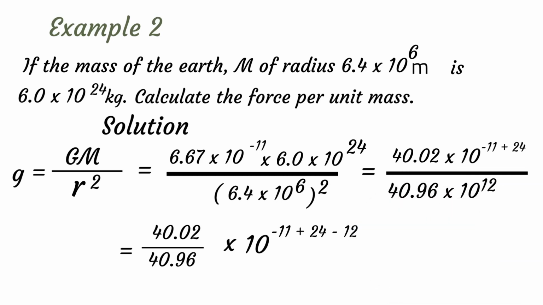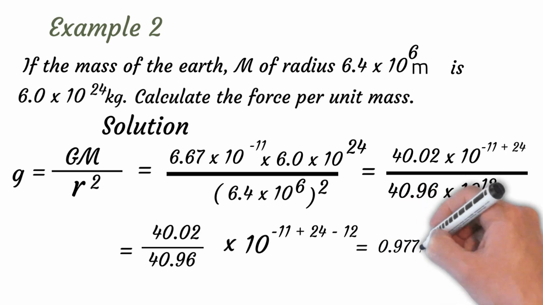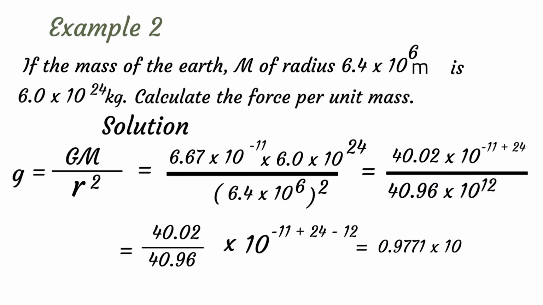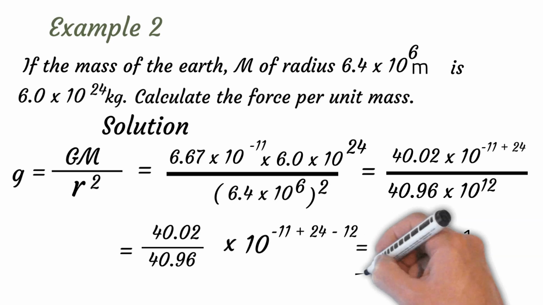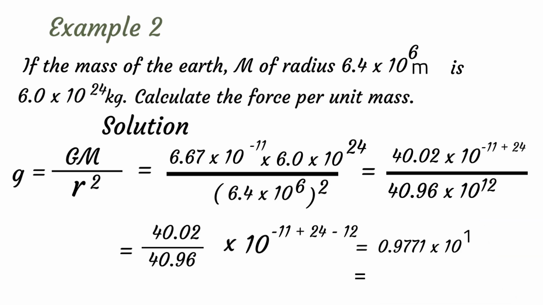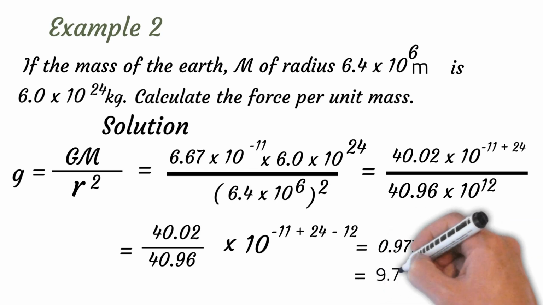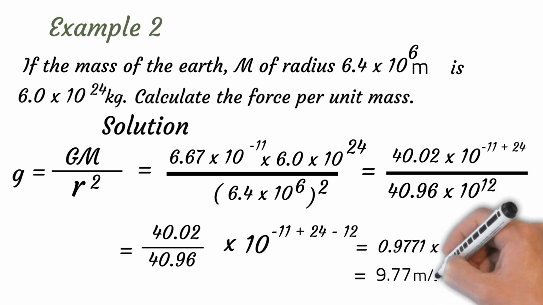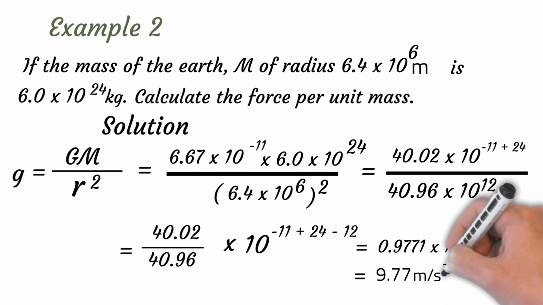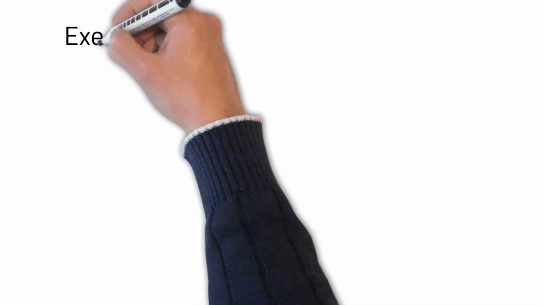So when you divide 40.02 by 40.96, we're going to have 0.9771 times 10 to the power minus 11 plus 24 minus 12, which will give us 1. And when you multiply this, you're going to have 9.77 meters per second square. That's the unit of g.